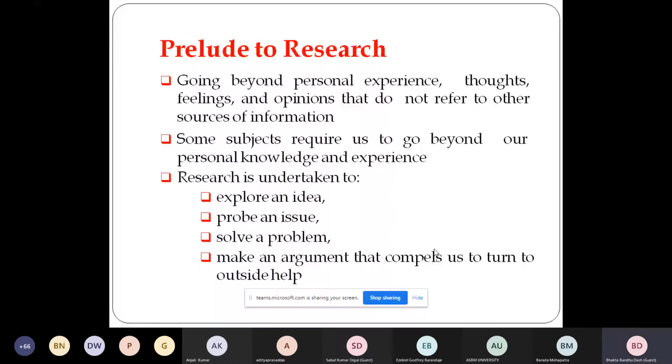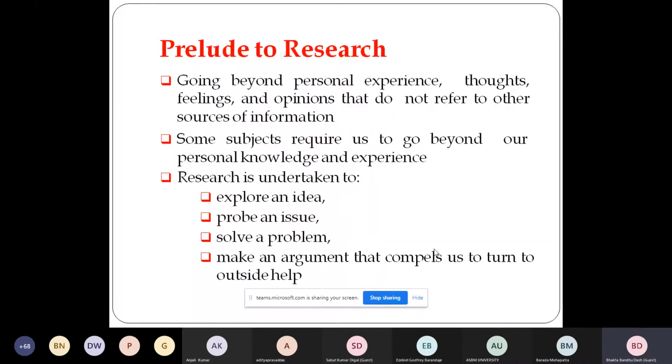And sometimes some subjects always require you to go beyond your personal knowledge and experience, where you usually take the reference of different publications, different studies that can give a good idea to explore the area in detail and to probe the issue, to solve your issues, and to make arguments that compel you to turn outside the space.